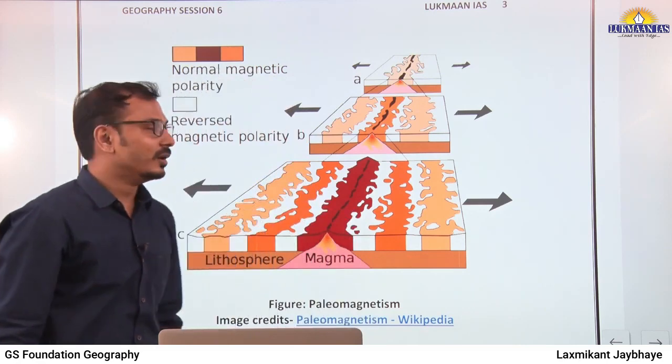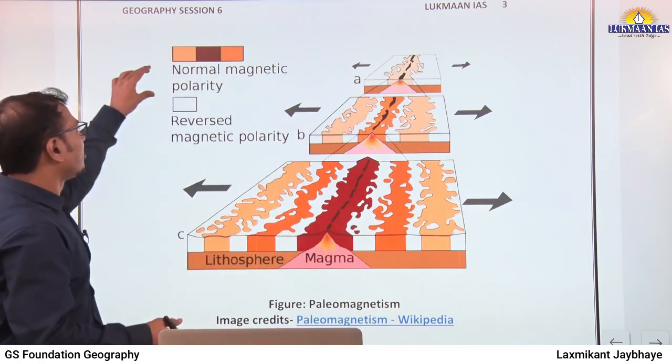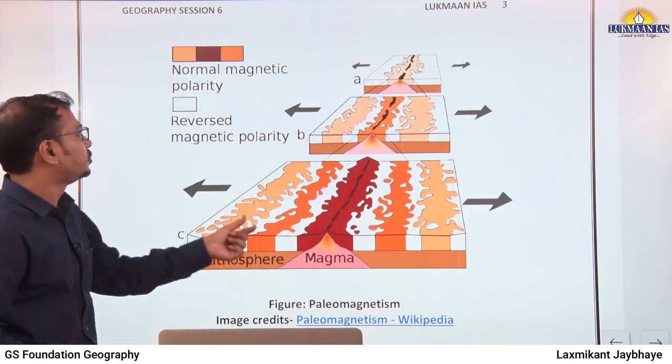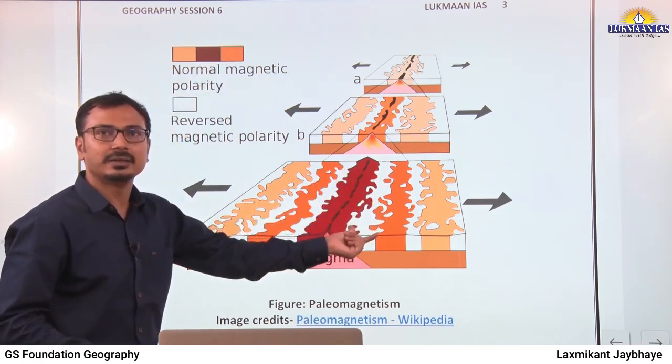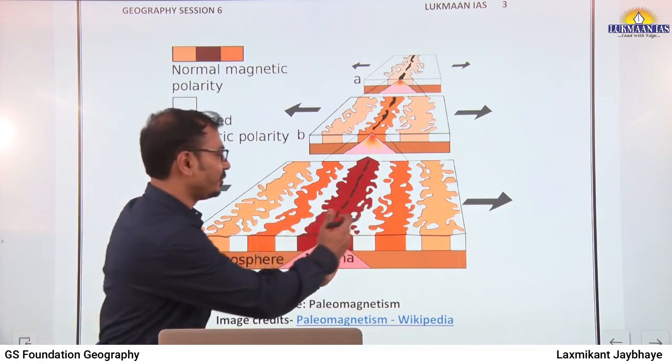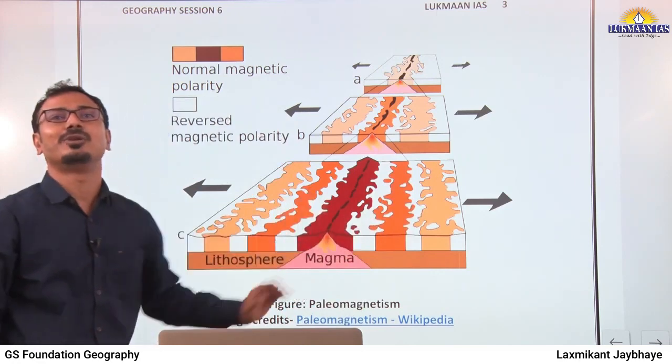So in these studies, you can see here, the normal magnetic polarity is shown in this red color, orange color like this, and white color in between. The white color in between shows the reverse polarity.